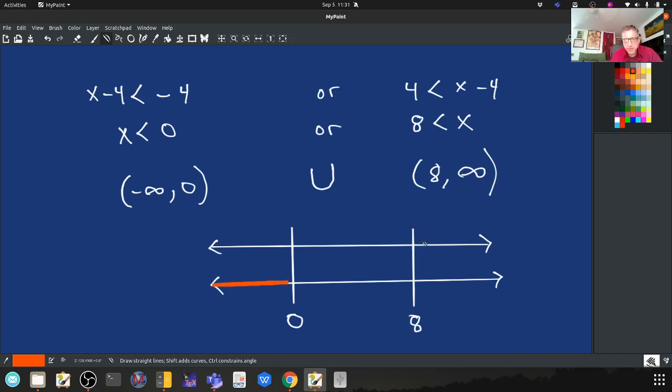And for this interval, we take all numbers greater than, but not including 8. So you want to put that here and that here. So when I take the union of them, there is no simplification, because there's this middle part right here where no numbers in either of the two number lines are included. So that is our solution, and that is written as simple as it can get.